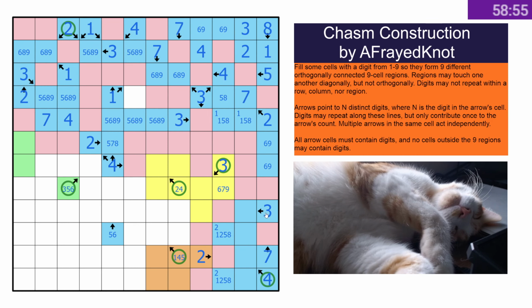Maybe the 3s. So I need a 3 in green and I need a 3 in orange, but that's all fine to do. Similarly with 4s. 4s are a bit more restricted. Oh, this cell as well.